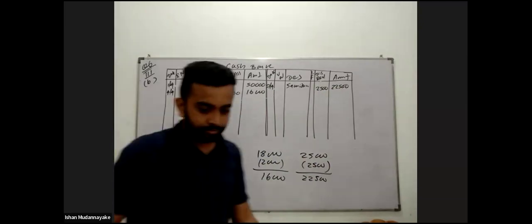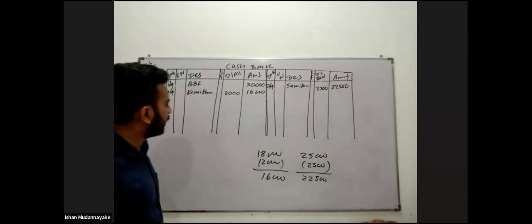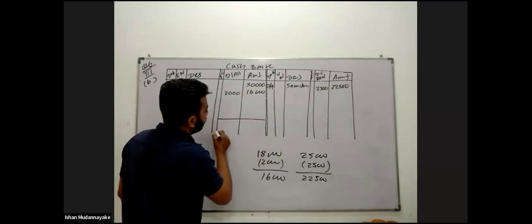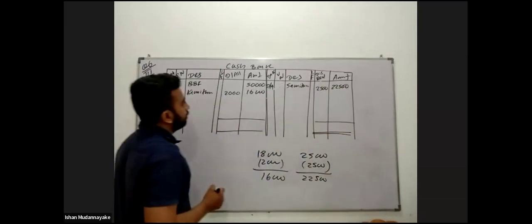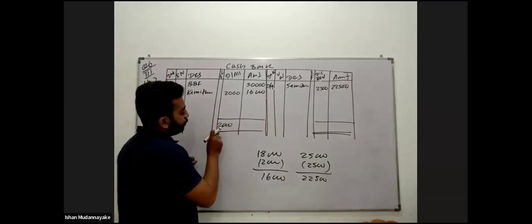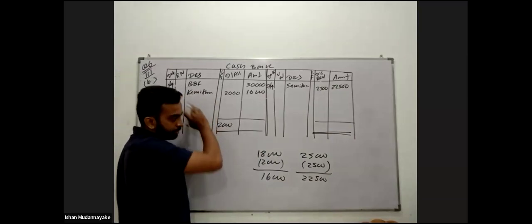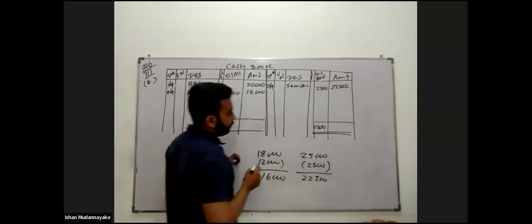Right, question is finished. Then students, you can balance the cash book. Here 2,000 discount allowed, and this discount received amount you need to credit.